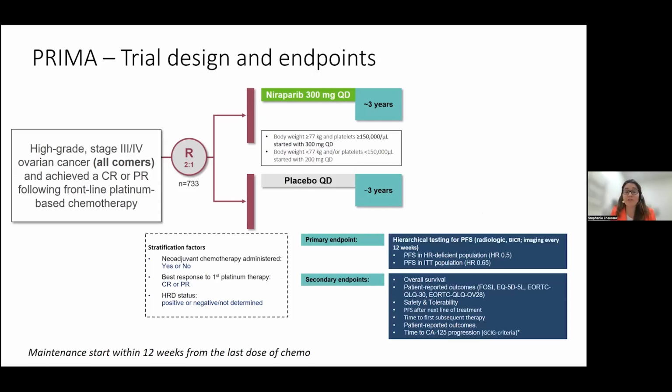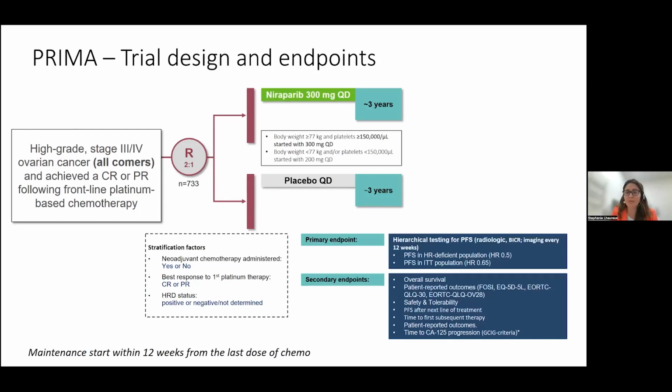It was patients with high-grade serous or high-grade endometrioid advanced-stage ovarian cancer who achieved a complete or partial response to platinum-based chemotherapy and were randomized between the other PARP inhibitor, niraparib, versus placebo. As part of this trial, the patients were stratified according to the specific HRD status, the homologous repair deficient status, that has been tested with a specific test.